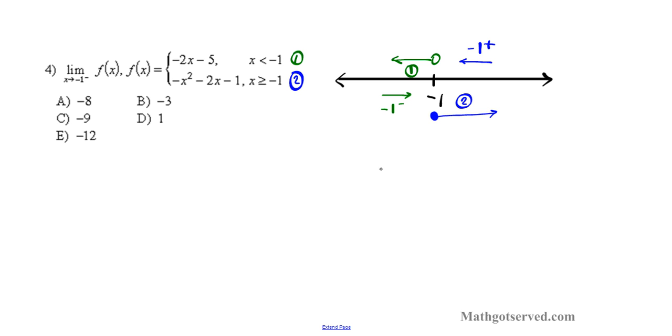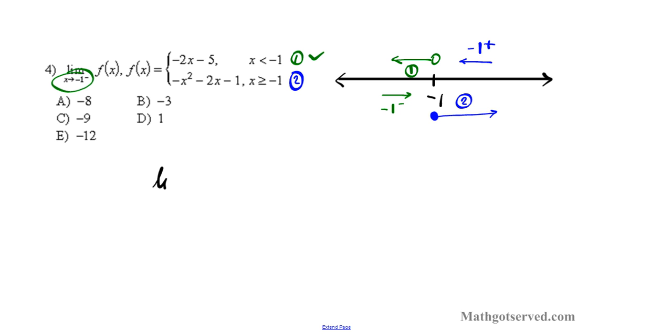So which one are we using in this problem, interval 1 or 2? Well, we're approaching negative 1 from the left. You see that negative sign there, the directional sign? So since we're approaching negative 1 from the left, we're looking at function number 1. We're going to be on the interval to the left.